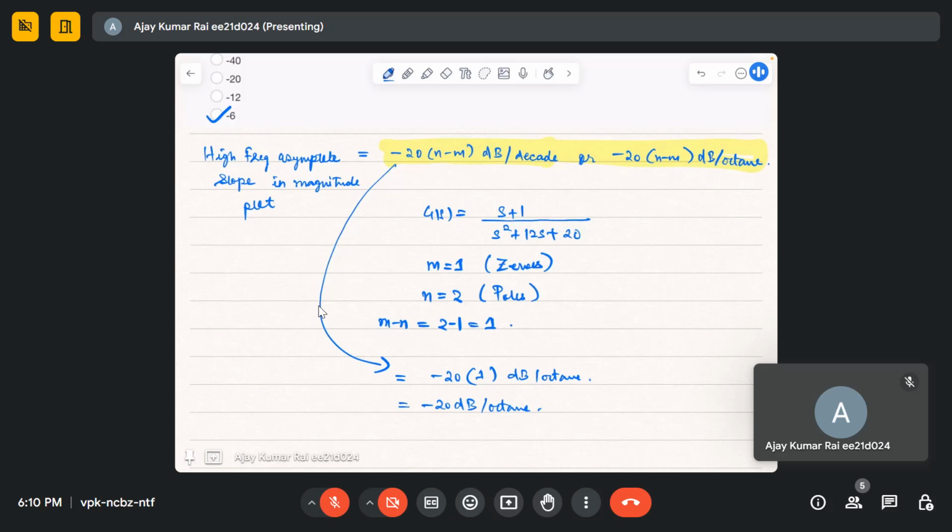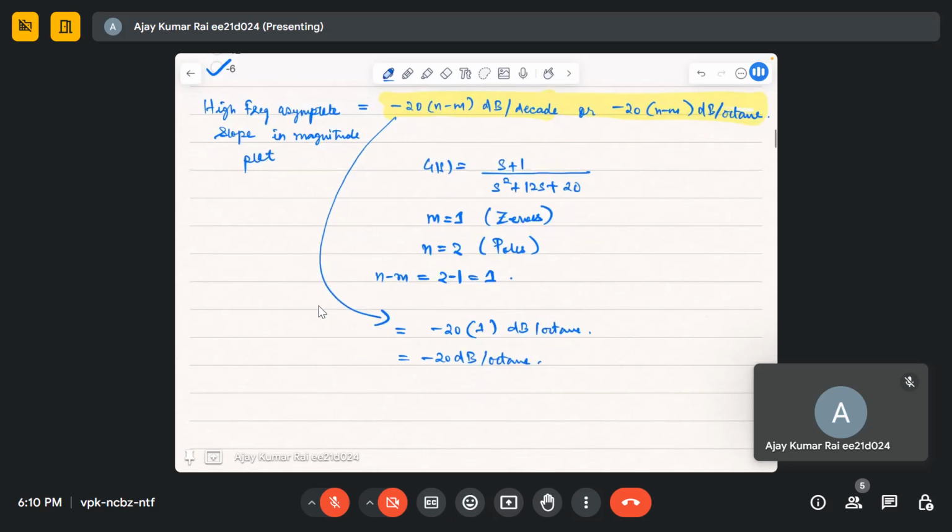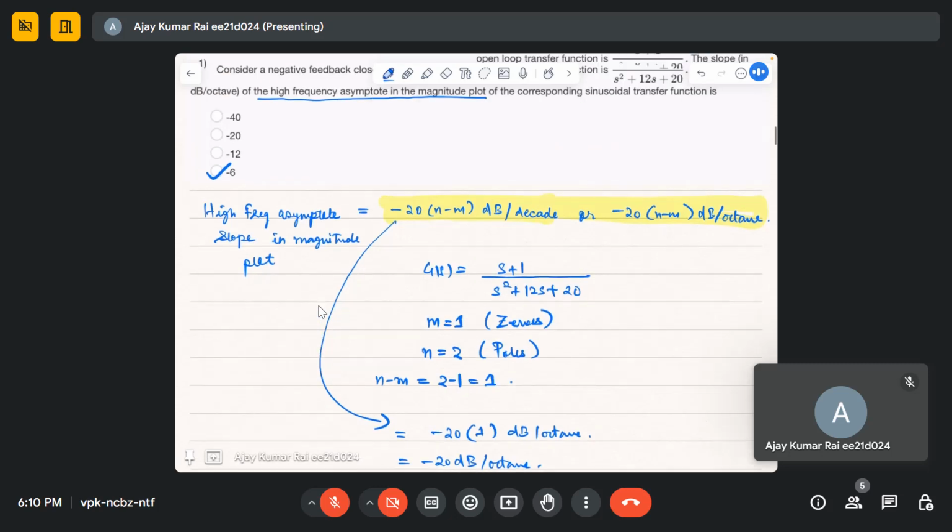So it is n minus m here, this was wrong before. That is equal to 2 minus 1, which is equal to 1. So the slope is minus 20 dB per decade, or minus 6 dB per octave. It's very simple. I hope there is no doubt.